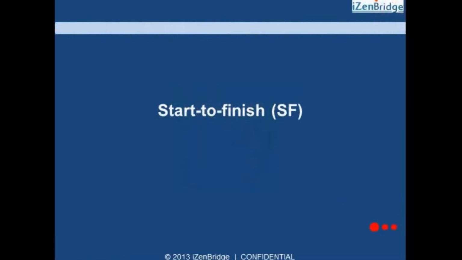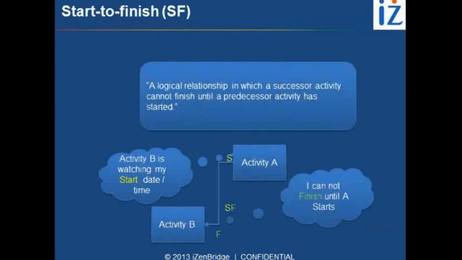Now, this is the most confusing relationship. Start to finish. It's difficult to visualize, and it even puts a question mark on the definition of predecessor and successor. Now, PMBOK defines it as a logical relationship in which a successor activity cannot finish until a predecessor activity has started.